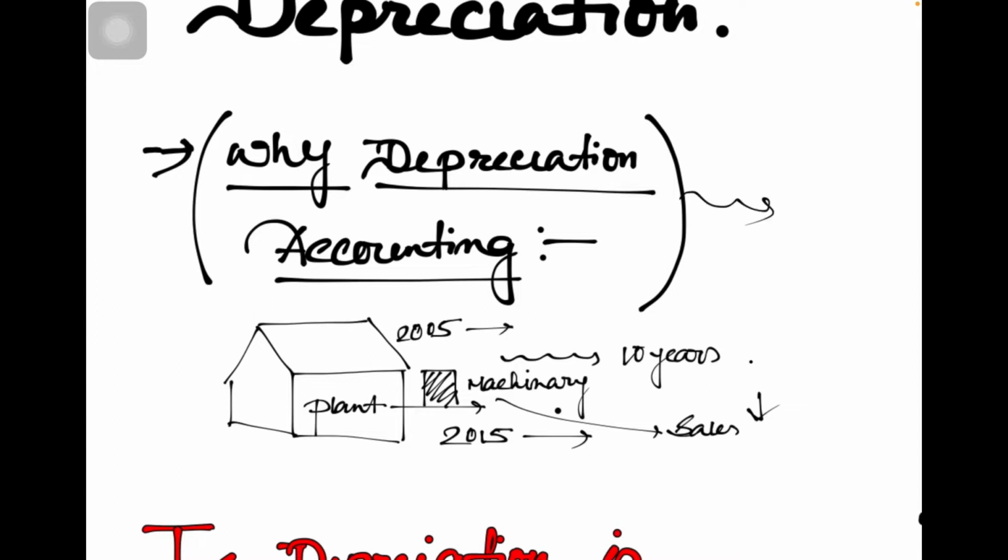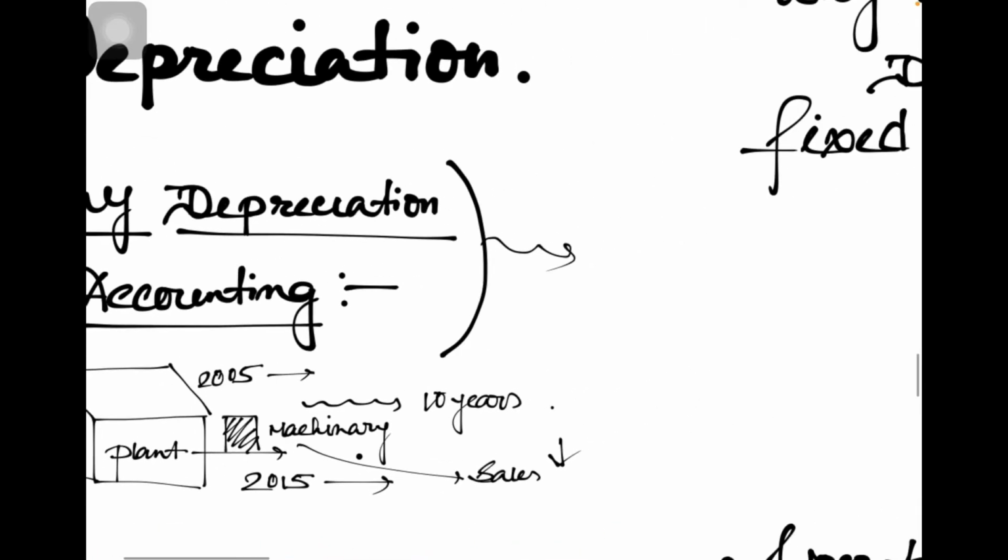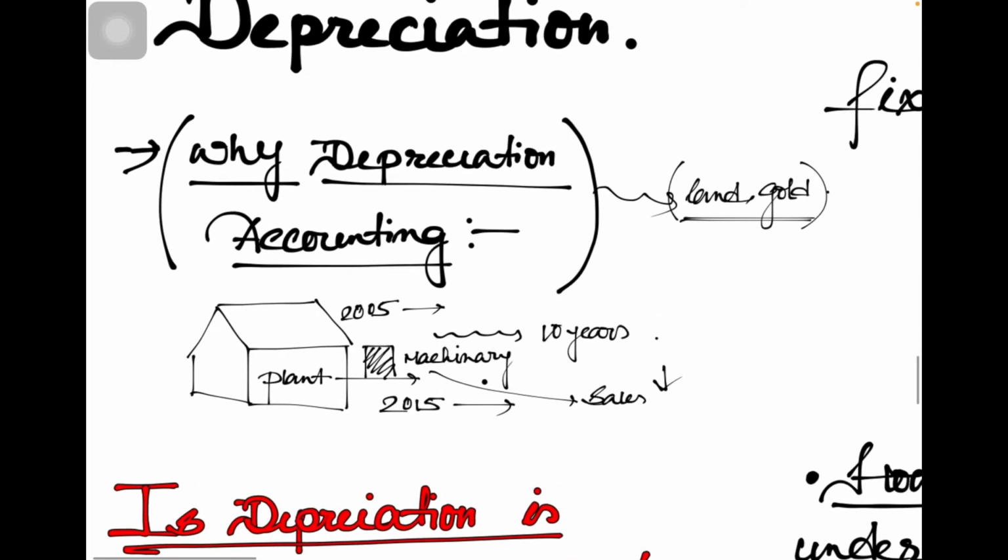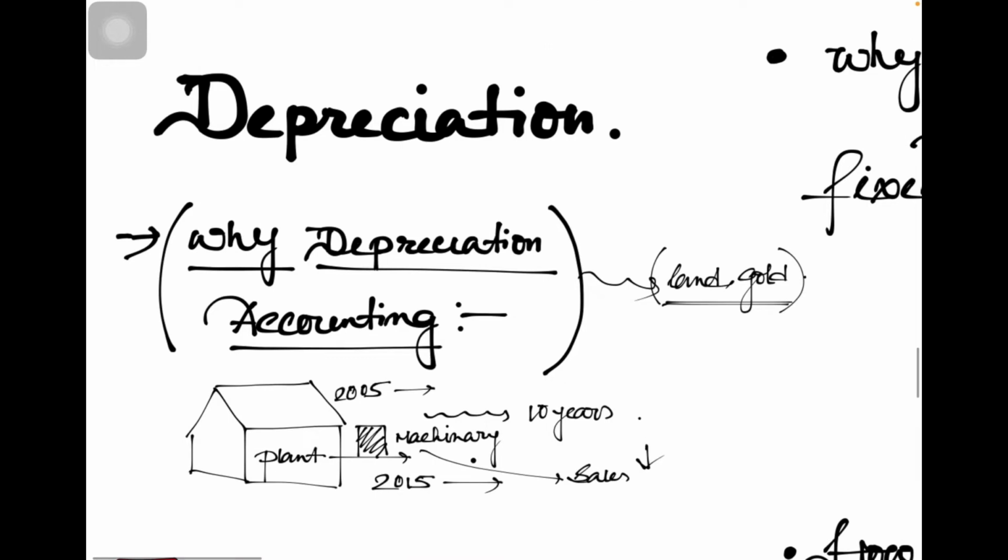That is the main fundamental of depreciation. The price of all machinery, all fixed assets, except a few like land, gold and jewelry, usually goes down or falls. That is the fundamental perspective of depreciation.